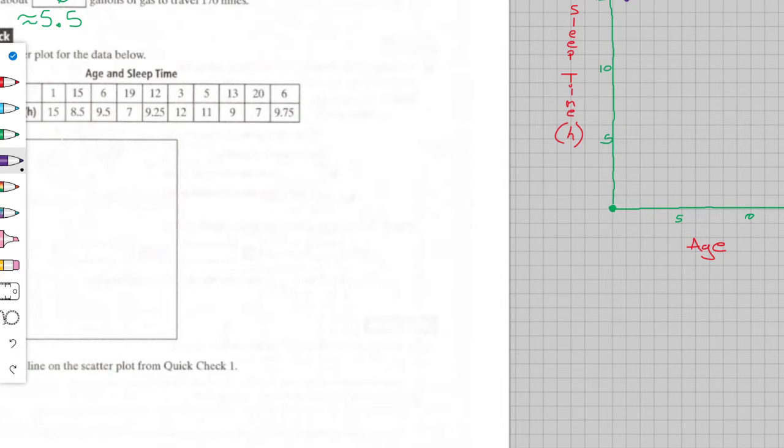Then we're going to have 6 and 9.5, so 6, and then 9.5.